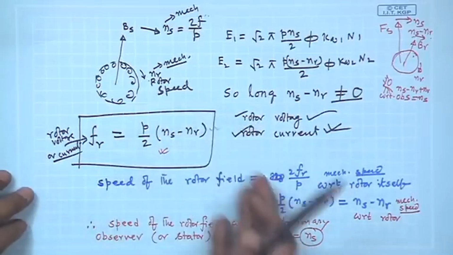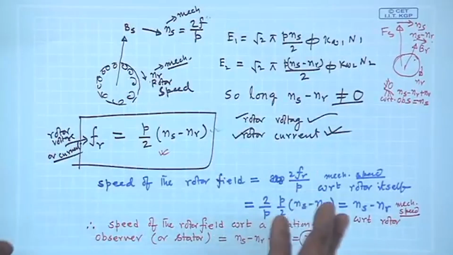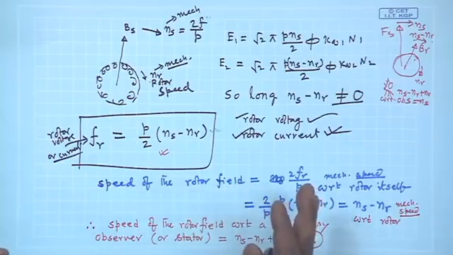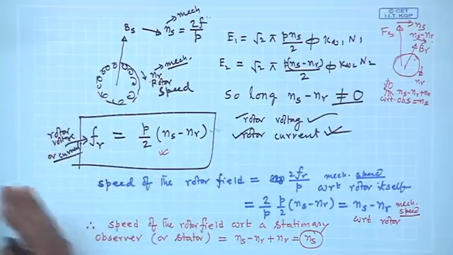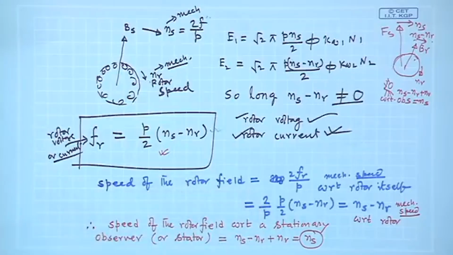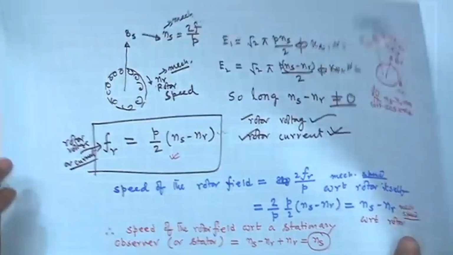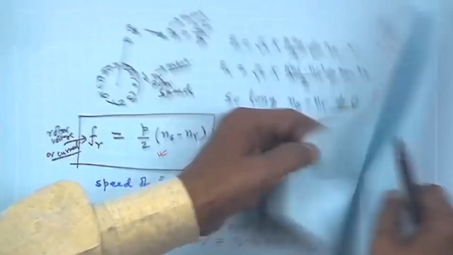So, in this part I have shown that the rotor will create a field, and the rotor field speed is the same as the stator field speed with respect to a certain observer, and the expected conclusion is that some torque is developed. Achha, now the big question remains, now an interesting thing happens.